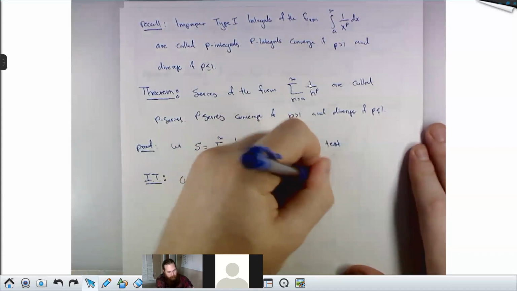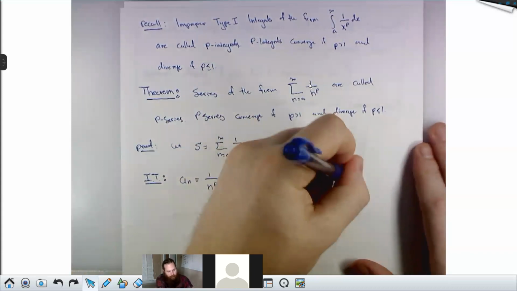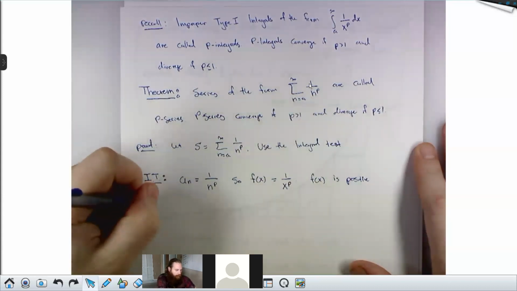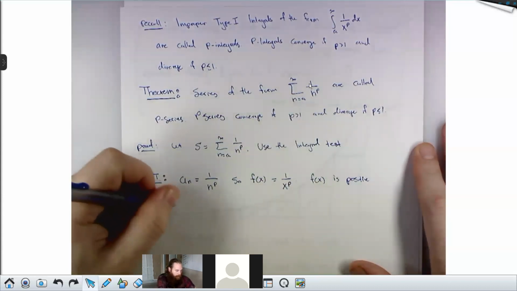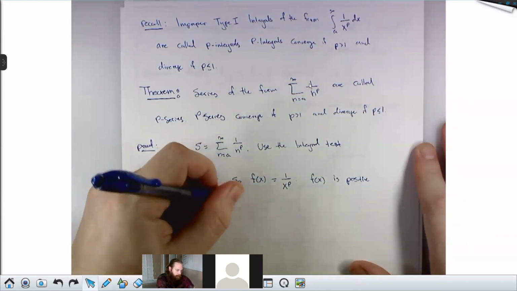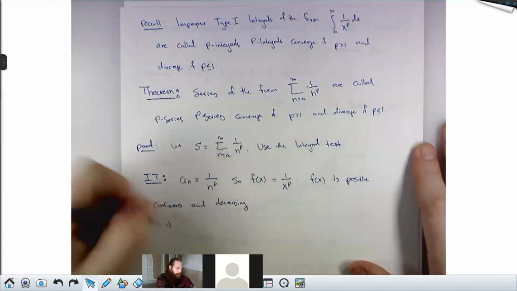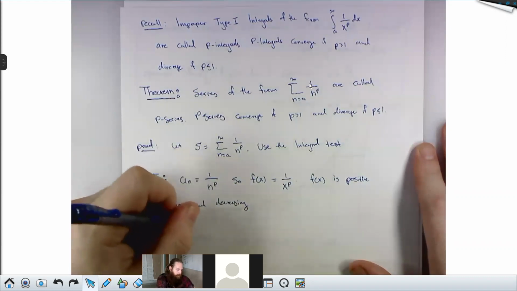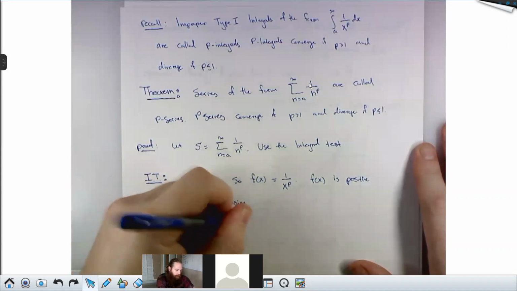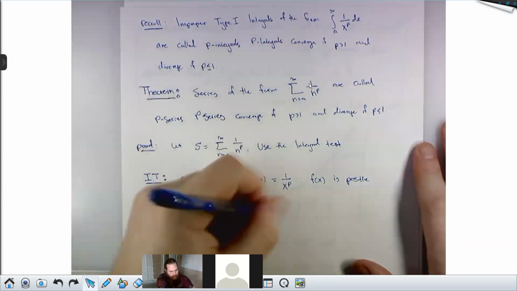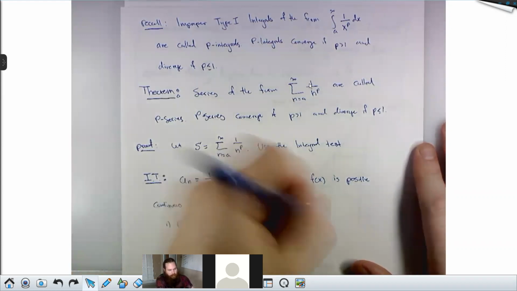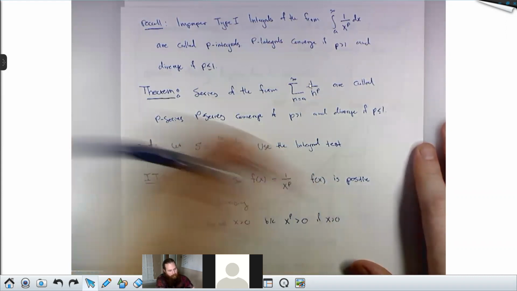F of x is positive, continuous, and decreasing. Positive for all x greater than 0, right? Because x to the p is guaranteed greater than 0 if x is greater than 0.